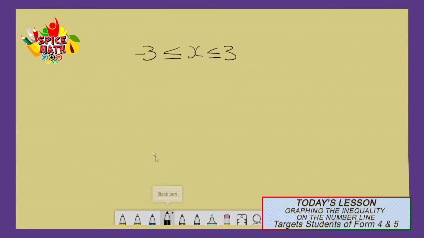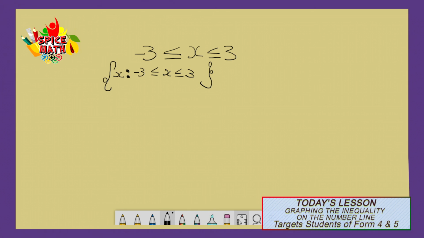So we're going to write the set x is such that x is less than or equal to 3, and at the same time x is greater than or equal to -3. Remember, "is such that" can be denoted with the colon or the vertical dash.